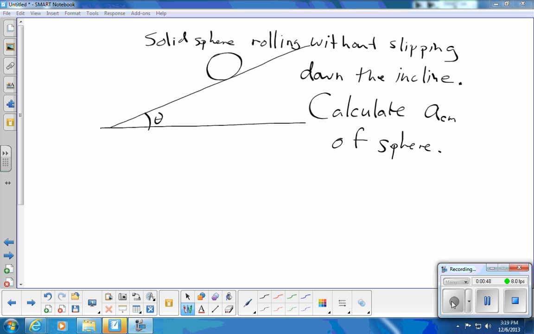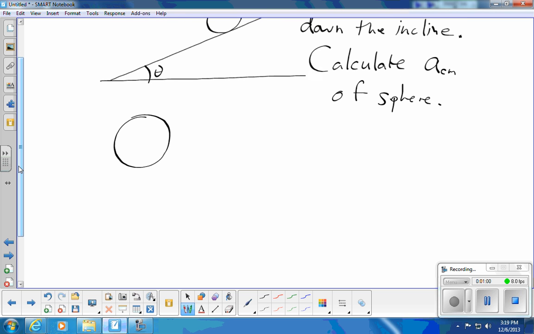So let's start by drawing a free body diagram of the sphere, and I'll draw it down here to have a little bit more room. And let's draw and label the forces acting on the sphere, paying attention to the point of application of each force. Okay, we start with gravity, and as we have done before, even though gravity acts on every different molecule of material in the sphere, we treat it as acting at the center of mass, which is in the center of the sphere.